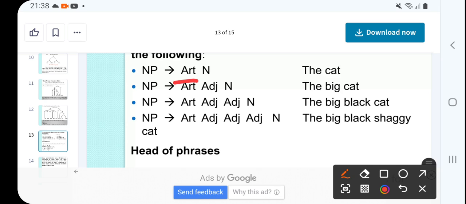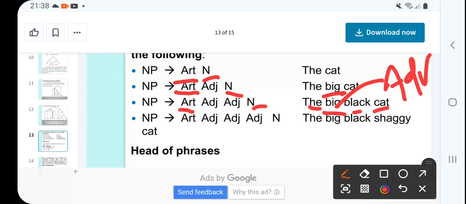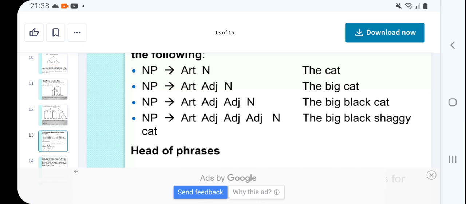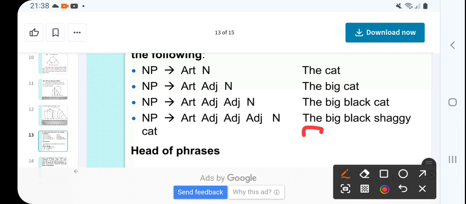Now, what is uncommon? A noun phrase means article and noun, but here big is an adjective. Then the noun phrase is article noun, but actually this is an adverb. Big is an adverb, because two adjectives cannot be used in a sentence. So big is an adverb. Big black cat. Okay. Then here, this is actually an adverb. Now the last sentence has an article, then this is the noun, and these two are not adjectives.